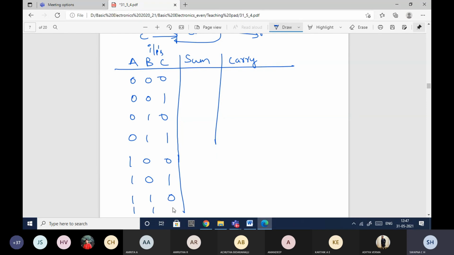The last one is 1, 1, 1. I need to add A plus B plus C. Not OR, it is addition only, not the OR operator. I need to add these 3.